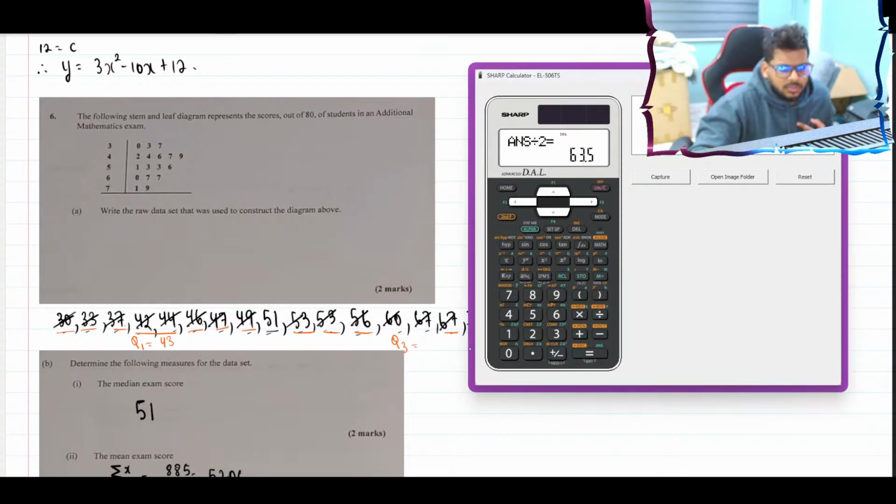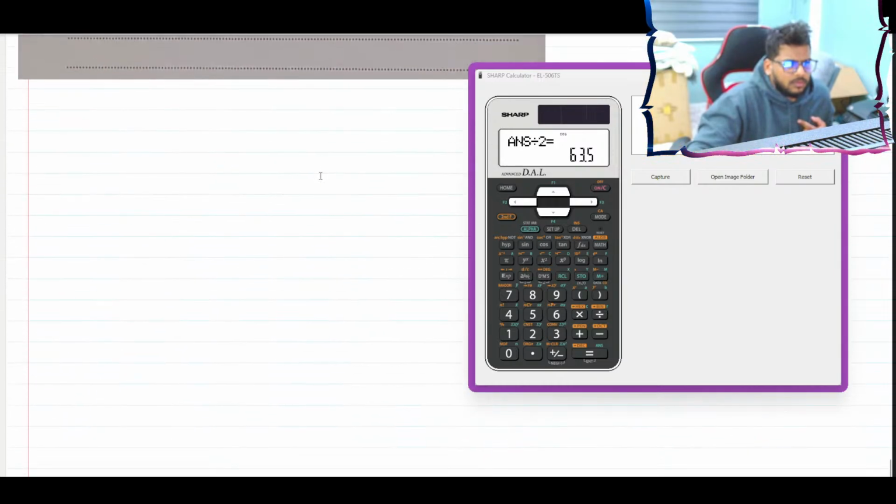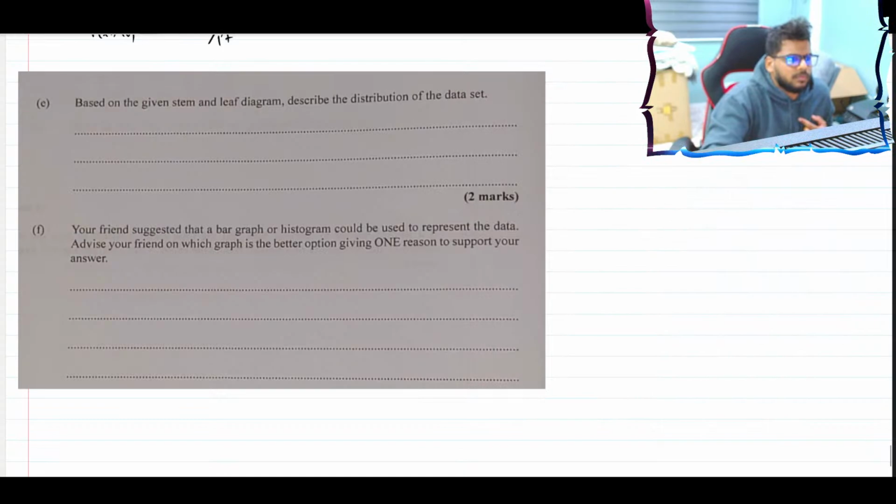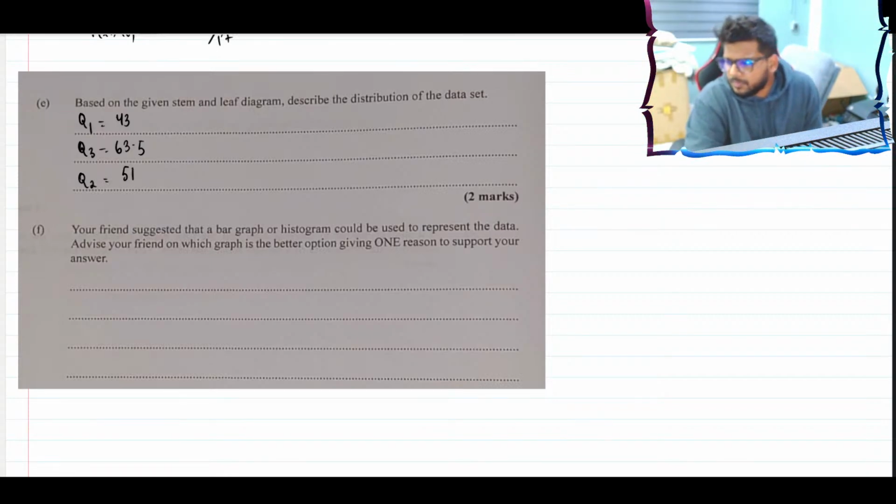Q3 is 63.5. So Q1 is 43 and Q3 is 63.5. And Q2 was 51.